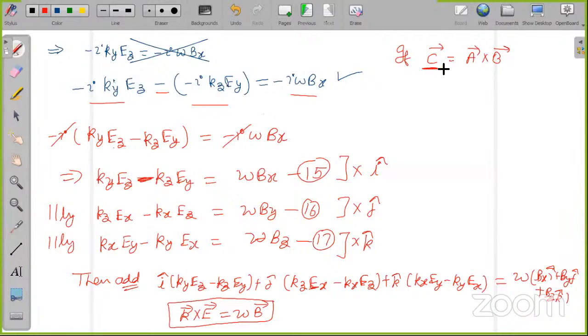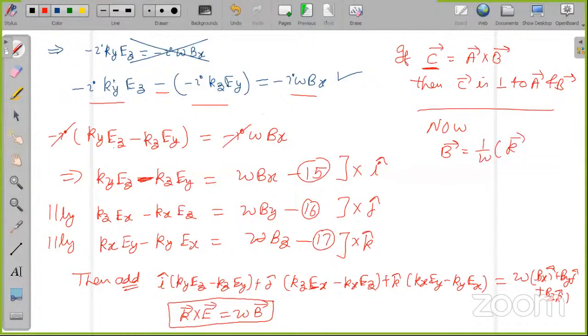Perpendicular to both A and B. Now we have obtained one equation that B vector is equal to 1 by omega k cross E. What is the meaning of this? Therefore, B vector is perpendicular to k and B vector is perpendicular to E. This we have already proved.